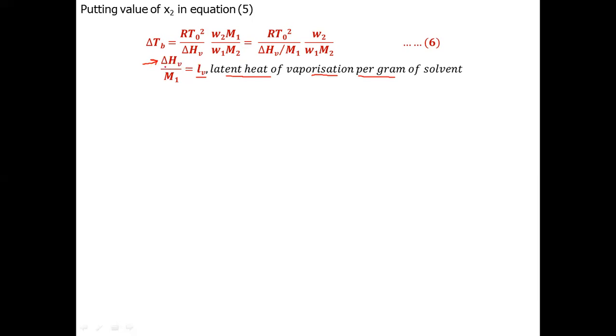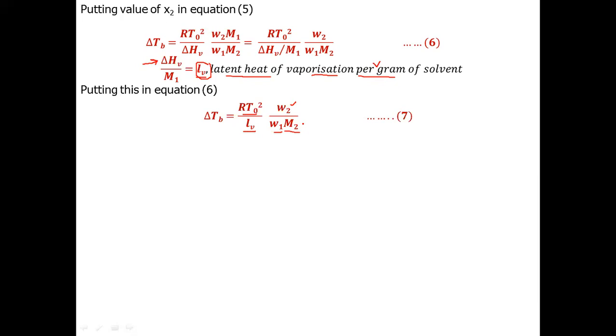Now if we divide delta HV by molecular weight, it becomes the latent heat of vaporization per gram of solvent. So this is equation 6: delta Tb is equal to RT naught square divided by LV into W2 divided by W1 M2, where W2 is the weight of solute, W1 is the weight of solvent, and M2 is the molecular weight of solute.